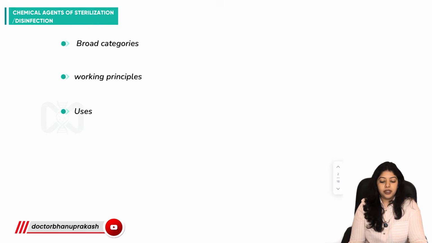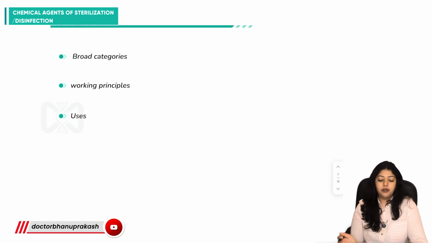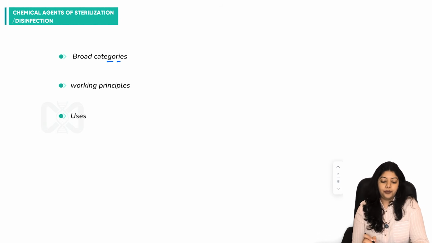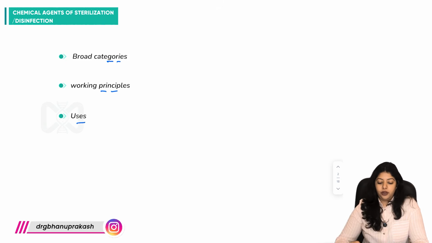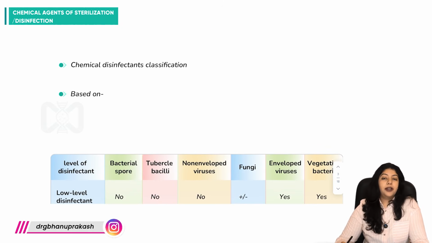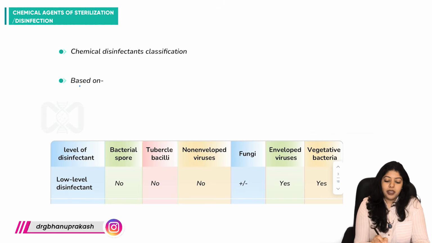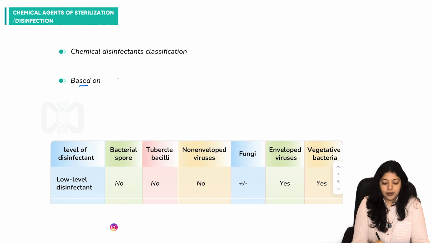And under chemical agents of disinfection, we will be discussing all the categories of agents, their working principles, along with their uses. So firstly, we need to classify these chemical agents. This classification is based upon their efficacy.